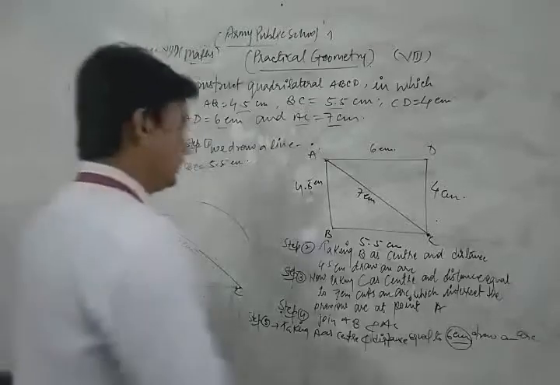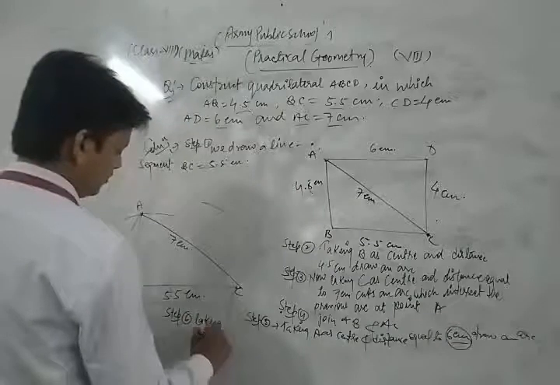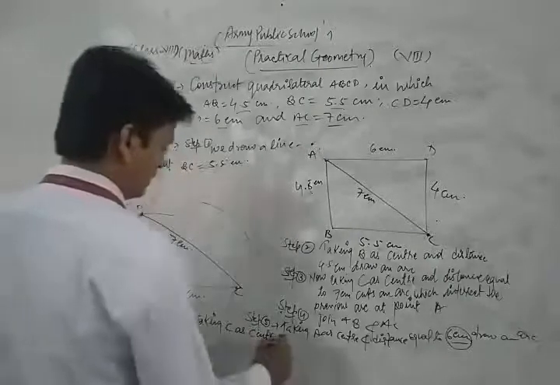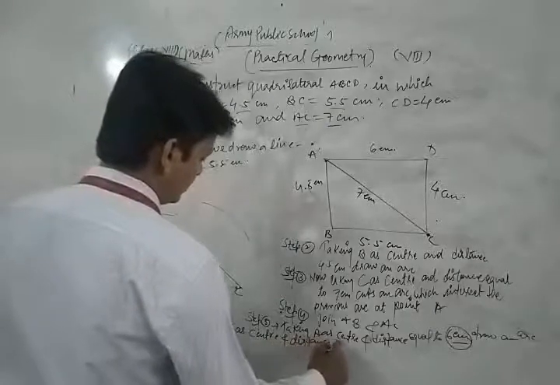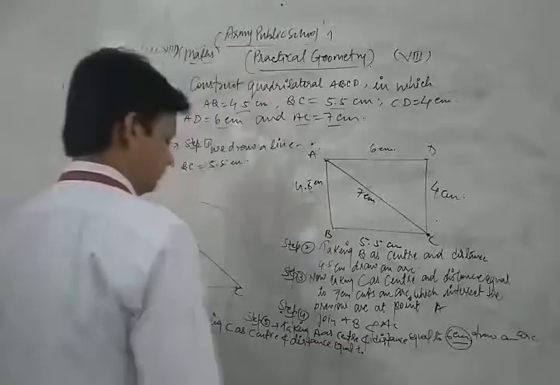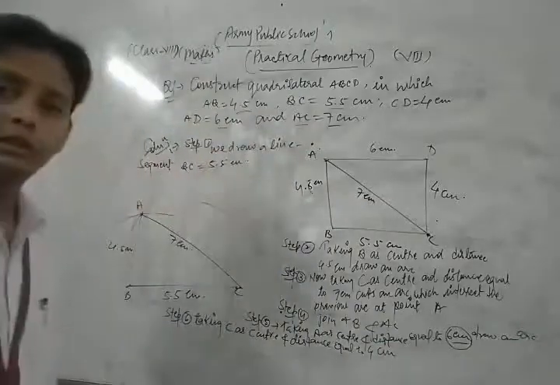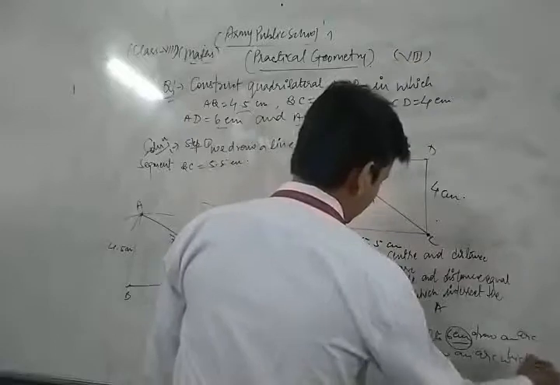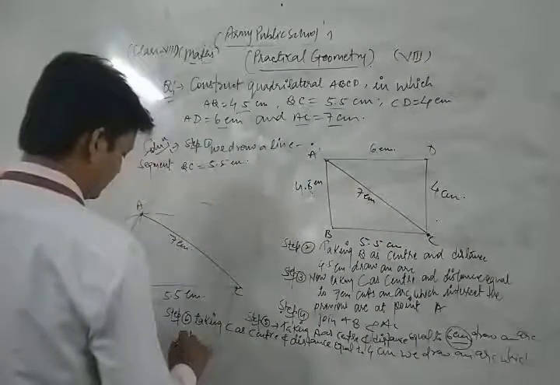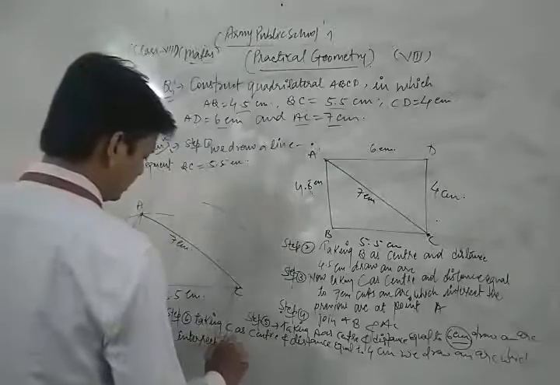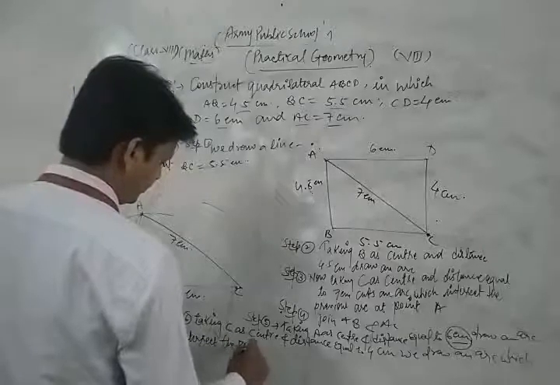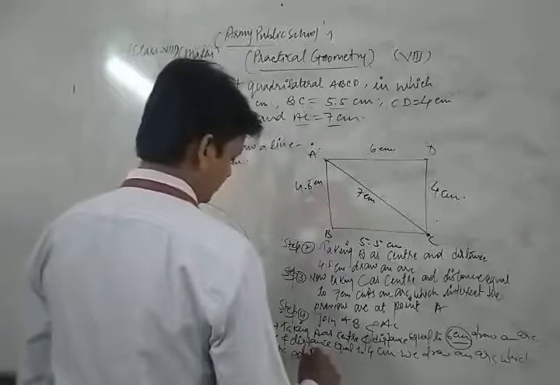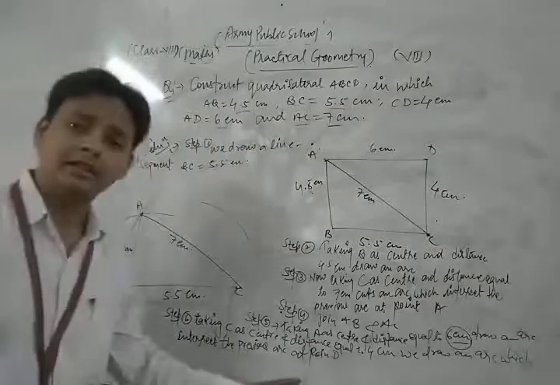In that step, taking C as center and distance equal to 4 centimeter, we draw an arc which intersects the previous arc at D.